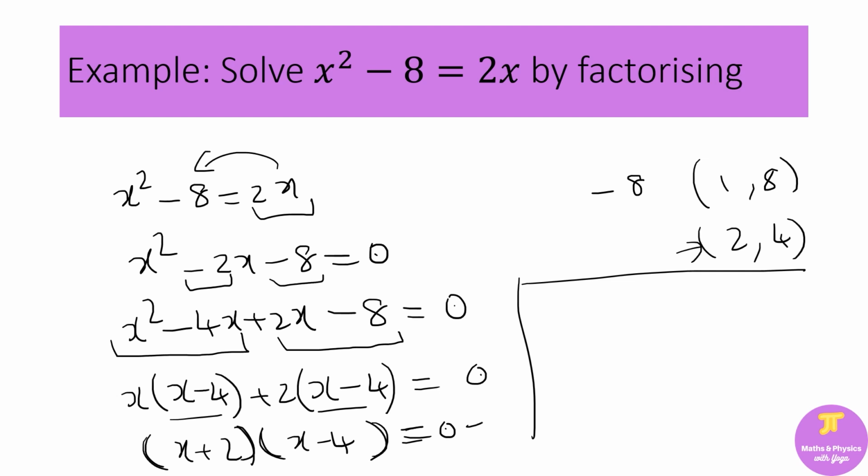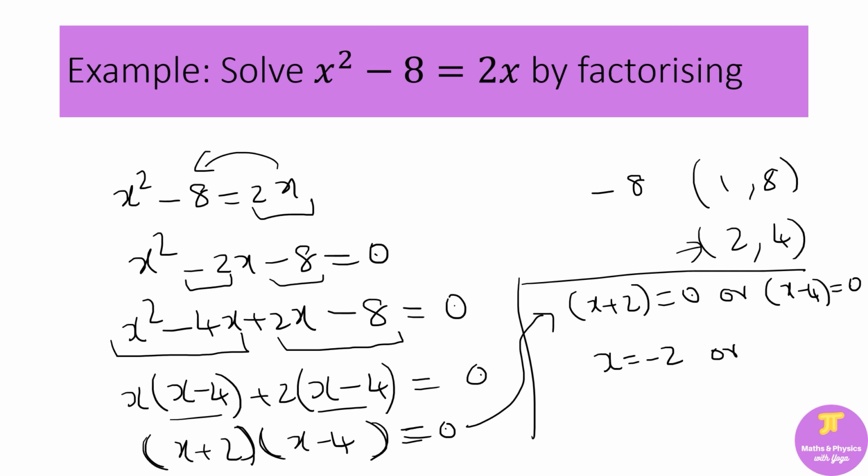So this is only possible if x plus 2 equals 0 or x minus 4 equals 0. If x plus 2 equals 0, x should be equal to minus 2. Or if x minus 4 equals 0, then x equals 4. Right, so this is the solution for this question.